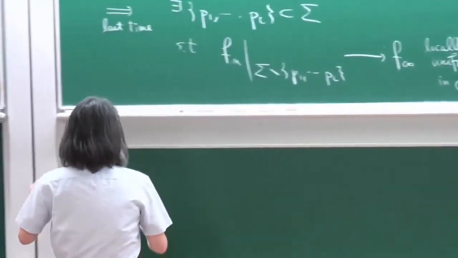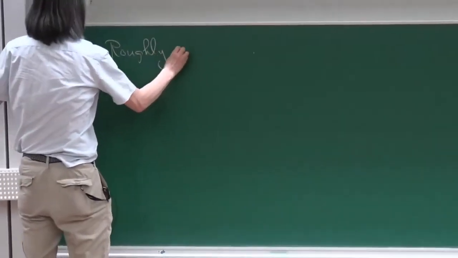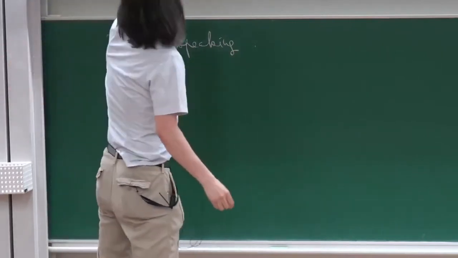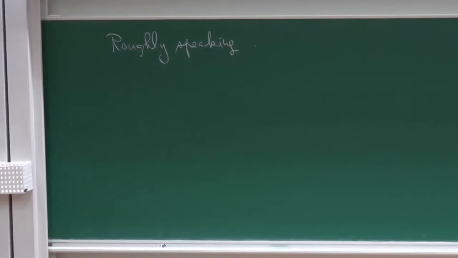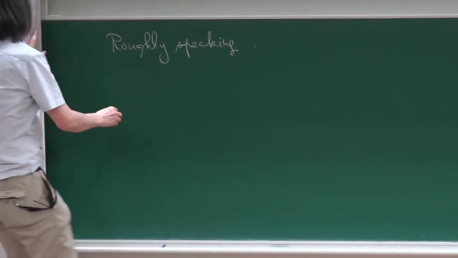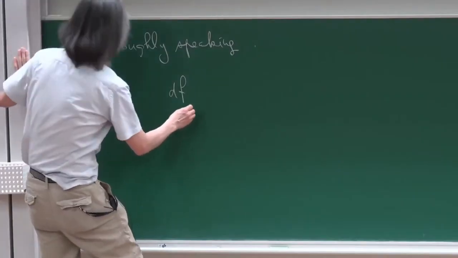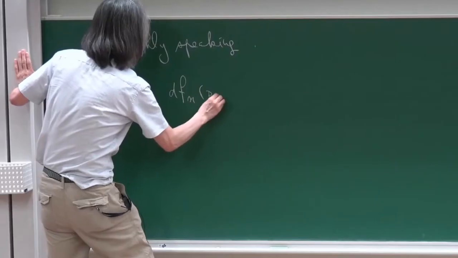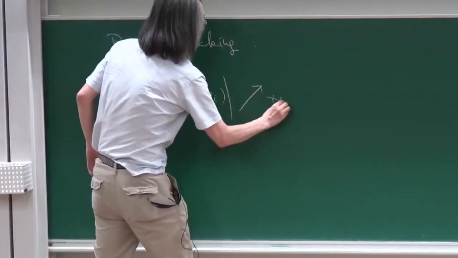So roughly speaking, these P1 to PL are the points where the derivative diverges, right? So roughly speaking, if you take this df_n at this P_i and take its norm, then it actually diverges. Right?